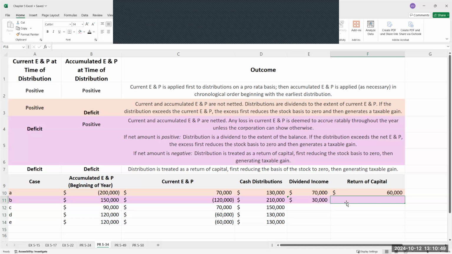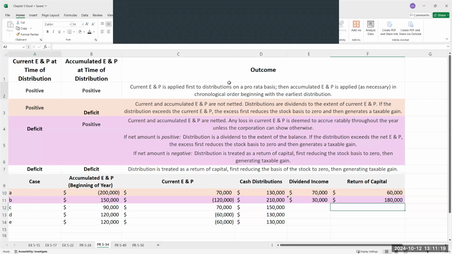So therefore, the remaining amount of the cash distribution minus the netted amount of the current E&P deficit and the accumulated E&P of positive 30,000 leaves us with a return of capital of 180,000.